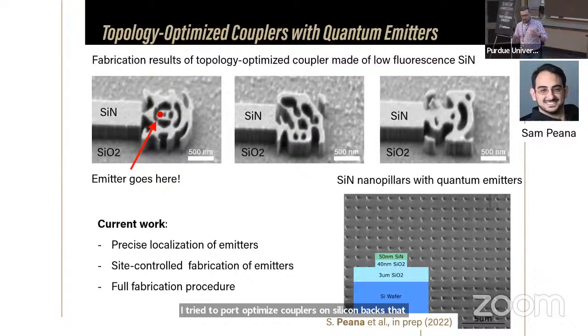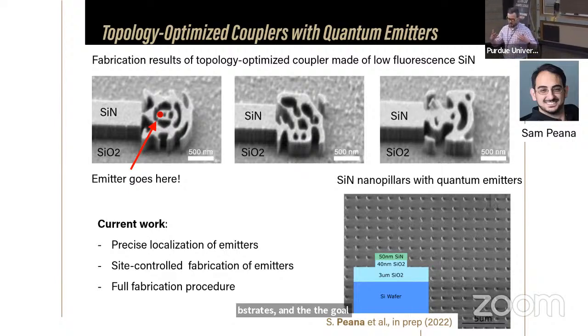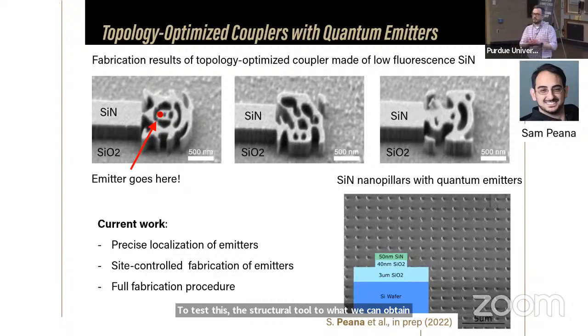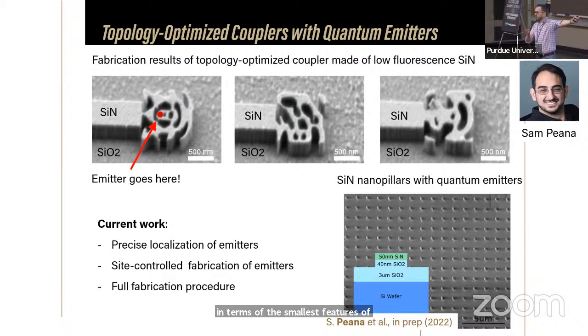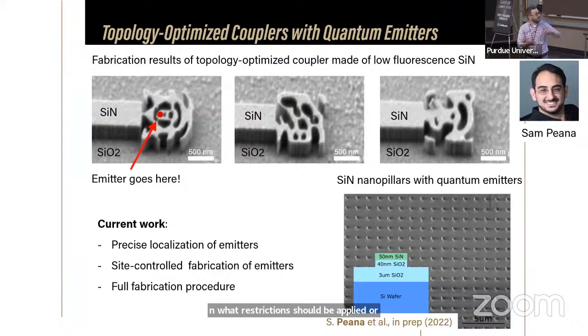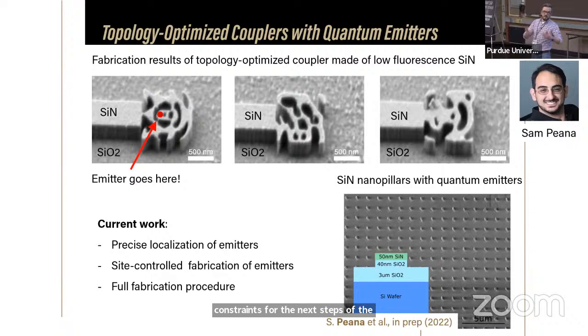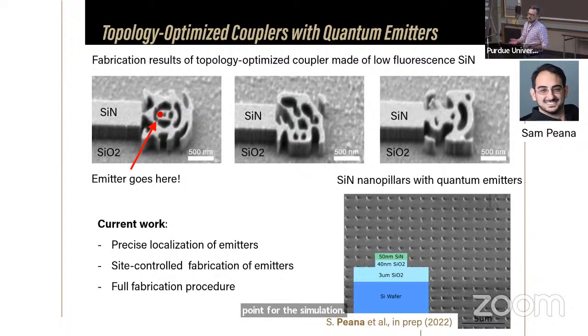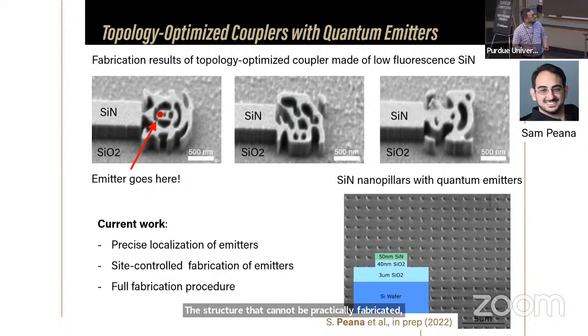And the goal here was to test the structural quality, what we can attain in terms of the smallest features of these topology optimized couplers, and inform the simulation process on what restrictions or fabrication constraints should be applied for the next steps of the optimization. Because for high efficiency, we can get at some point through the simulation a structure that cannot be practically fabricated using lithography techniques.